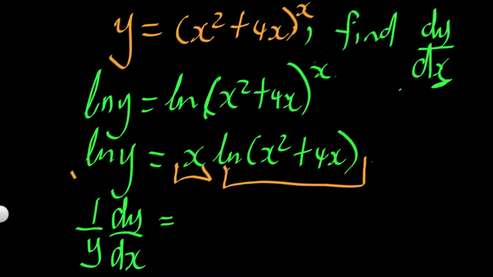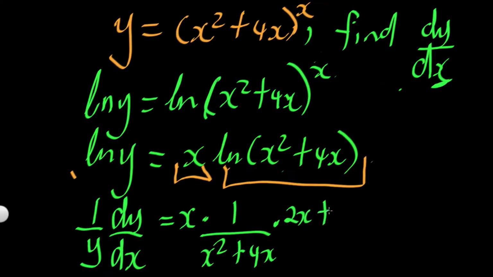To start with, I'm going to differentiate ln(x squared plus 4x). So I'm keeping my x here times the derivative of this, which is 1 over x squared plus 4x times the derivative of x squared plus 4x, which is 2x plus 4.